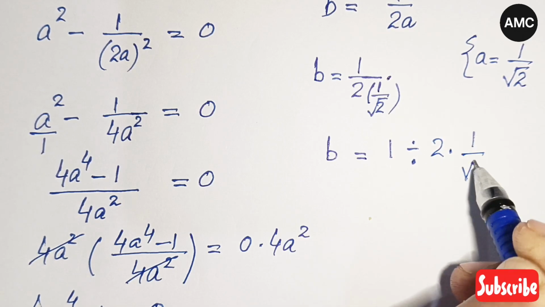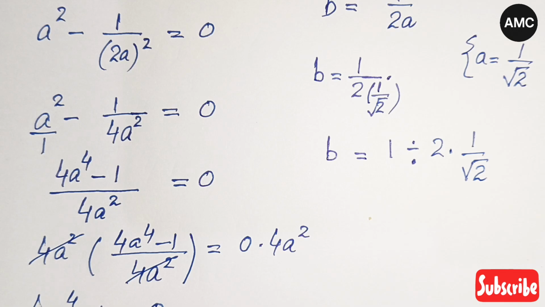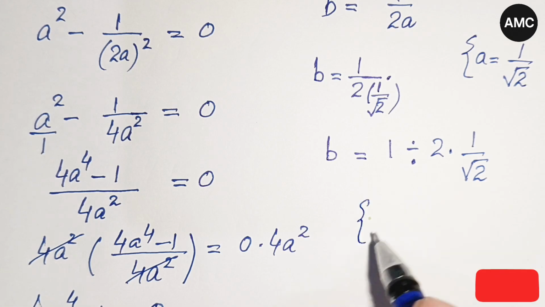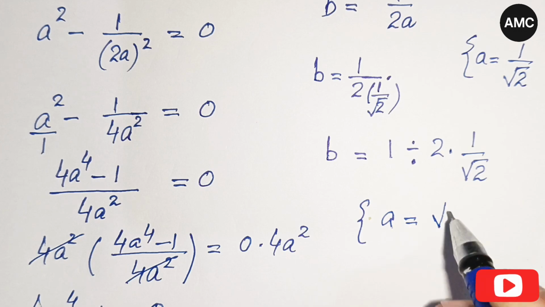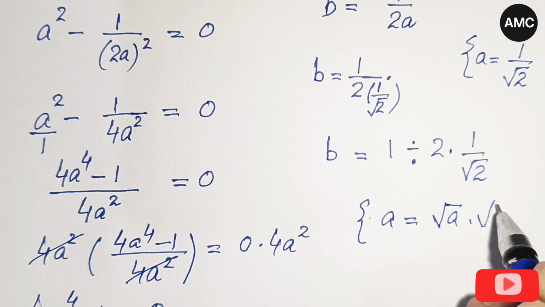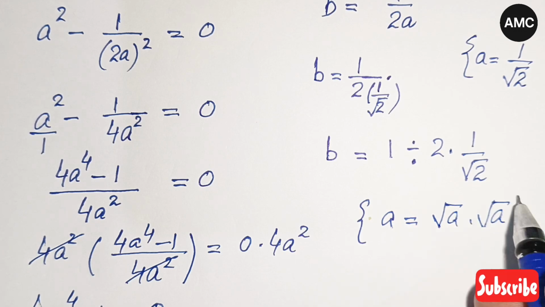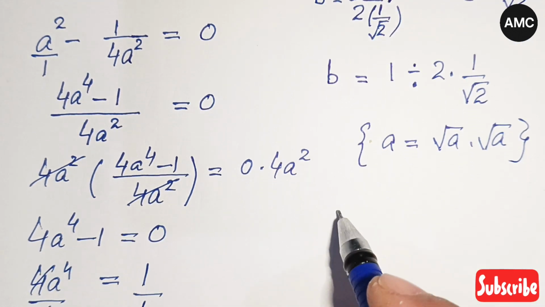And as we know that a is equal to square root of a times square root of a, so this 2 can be written as square root of 2 times square root of 2.